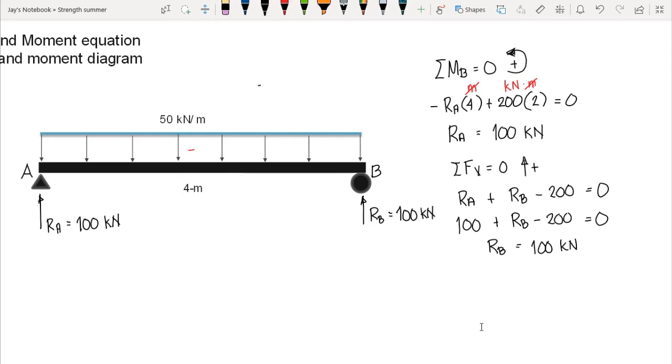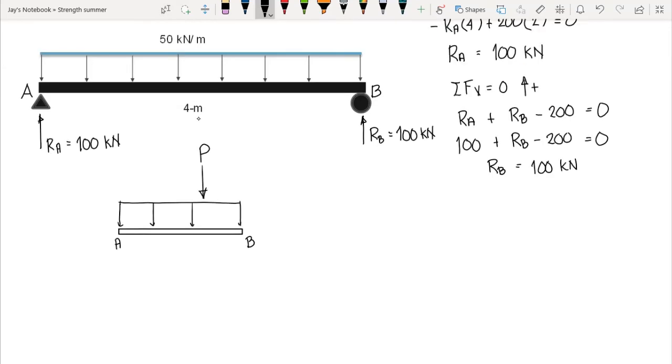In this case, since our beam is continuous from A to B, the meaning of continuous is that we don't have a change in the load. Here, we have a single load from A to B that is only 50 kilonewton per meter. So we could only have one cut section for this one.